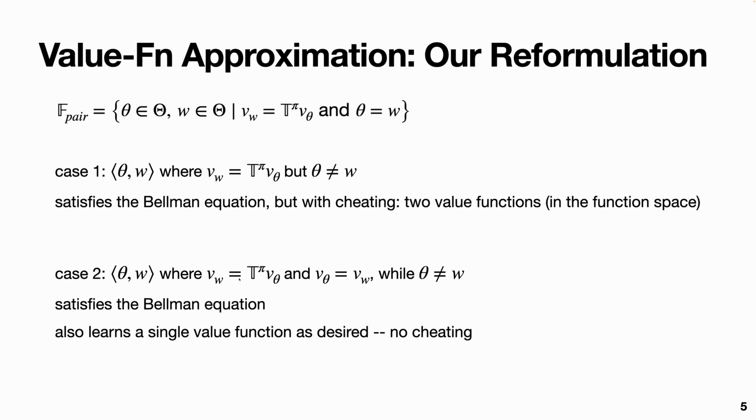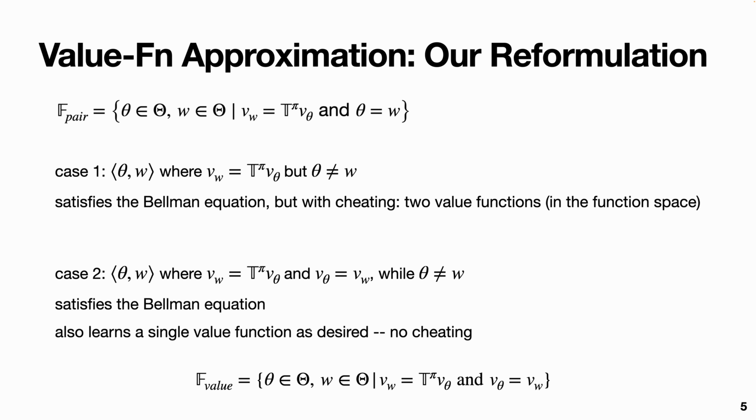We are not learning two different value functions on either side of the Bellman equation, even though the parameters themselves are different. The parameters are different, but the resultant value functions are the same. And I would argue, and really this is the argument of the paper, that this is a perfect situation. This point theta and w is a perfectly fine solution to the original formulation.